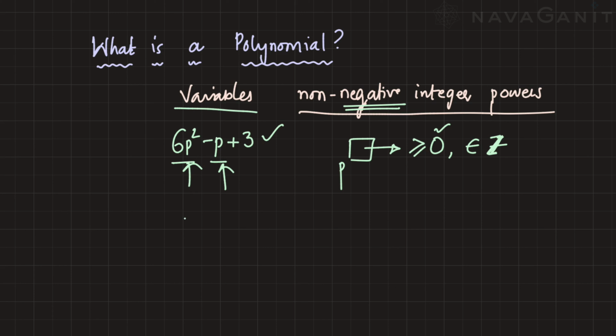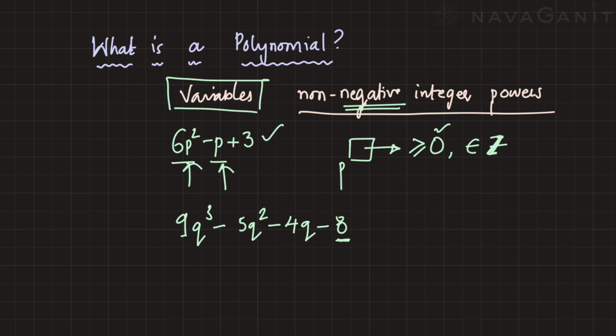Similarly, say we have 9q cubed minus 5q squared minus 4q minus 8. So first of all, we just need to observe the variables, not the constant.